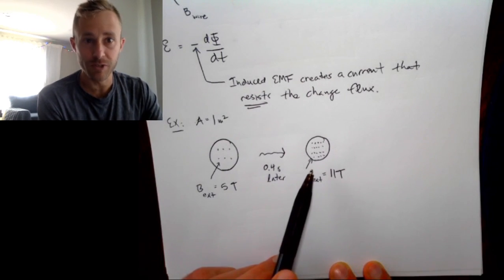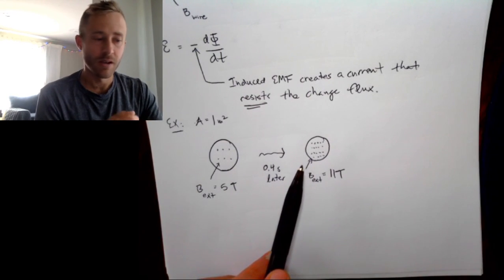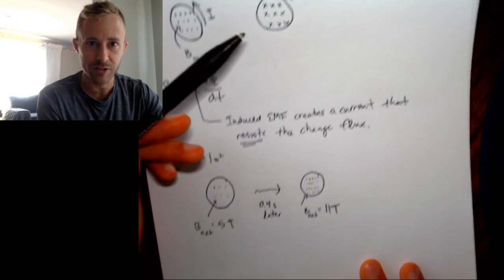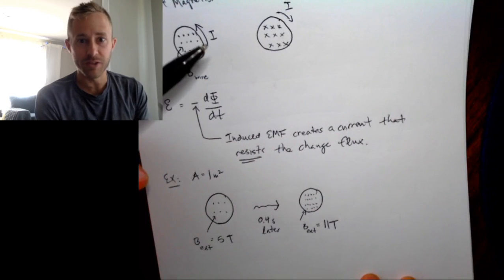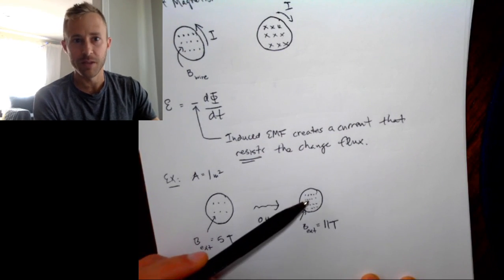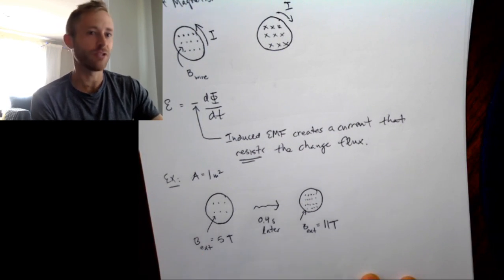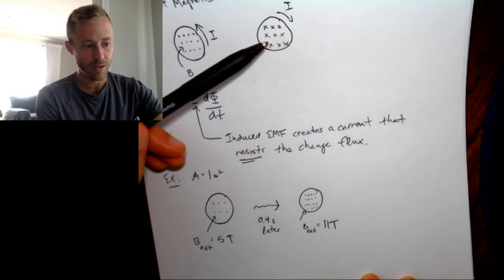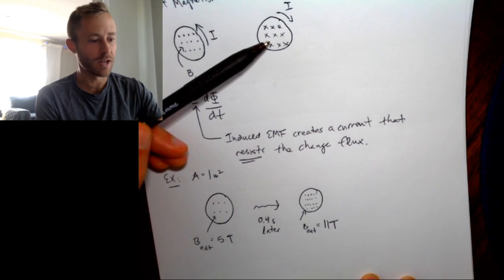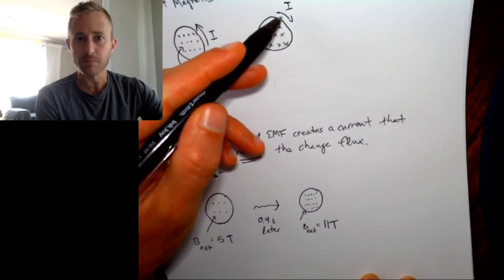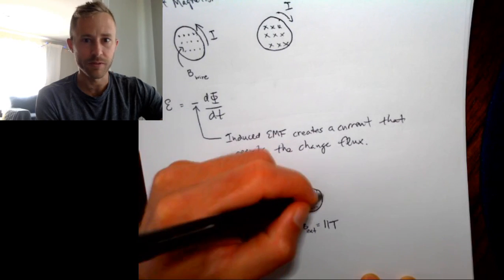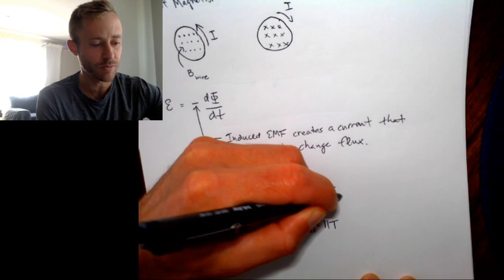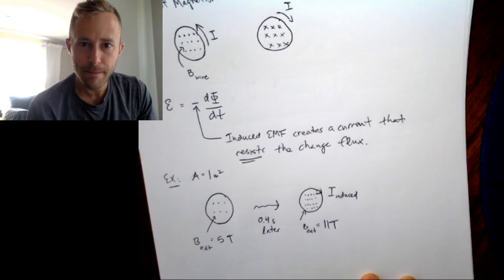So because the change was out of the page, to resist that change, the wire is going to create a magnetic field into the page. So we're going to have a clockwise current that will be induced in this loop. This is the direction of the induced current.